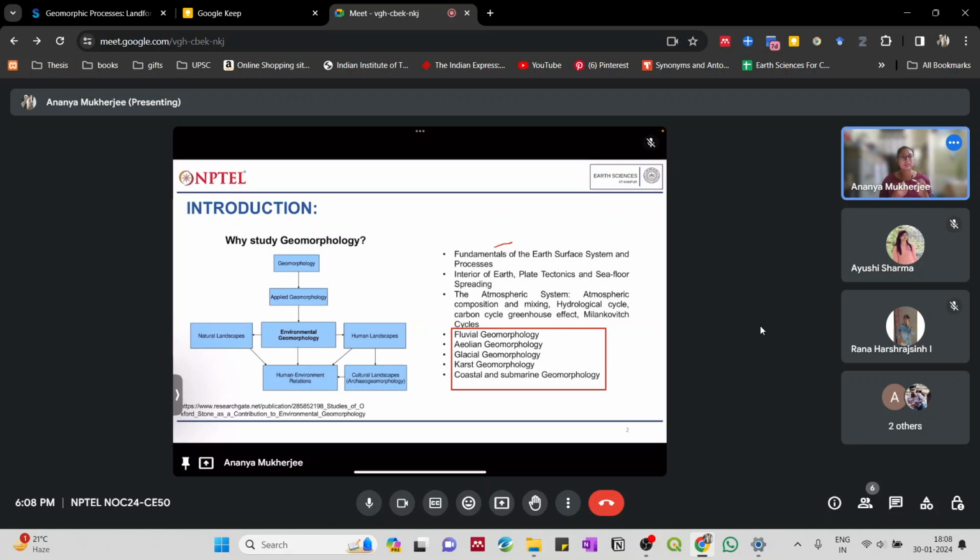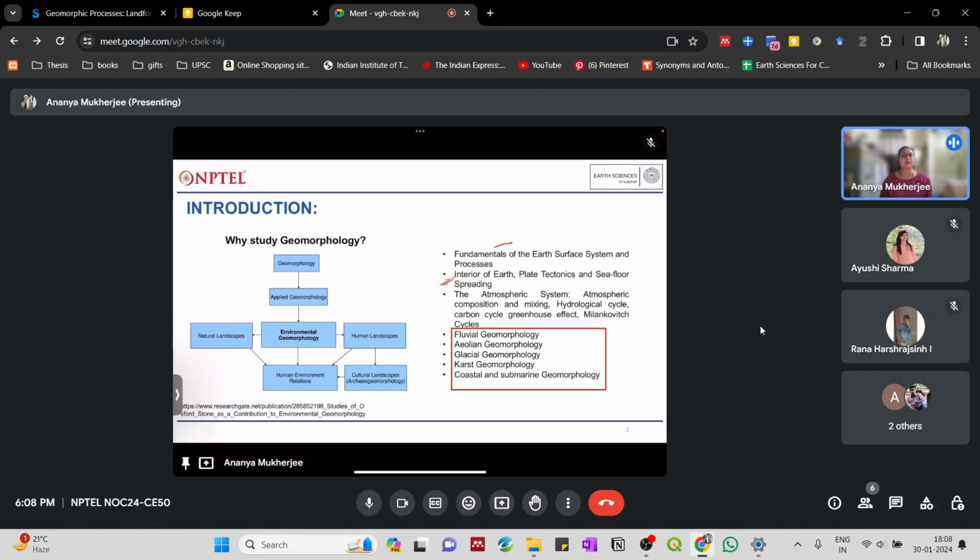Then, the next thing we need to know, when it comes to any processes happening on the surface of the earth or within the earth, is the interior of the earth. In a basic sense, we all know that the earth itself is a layered structure.